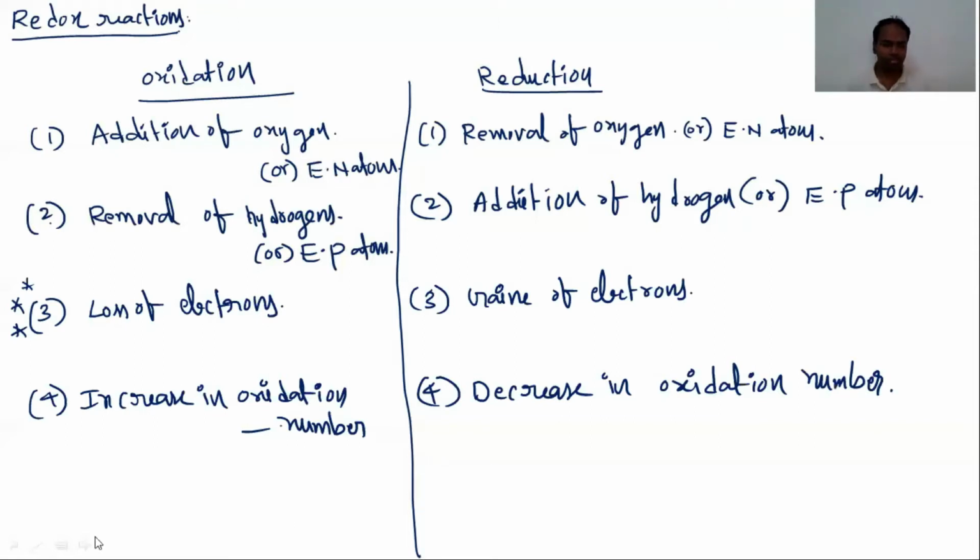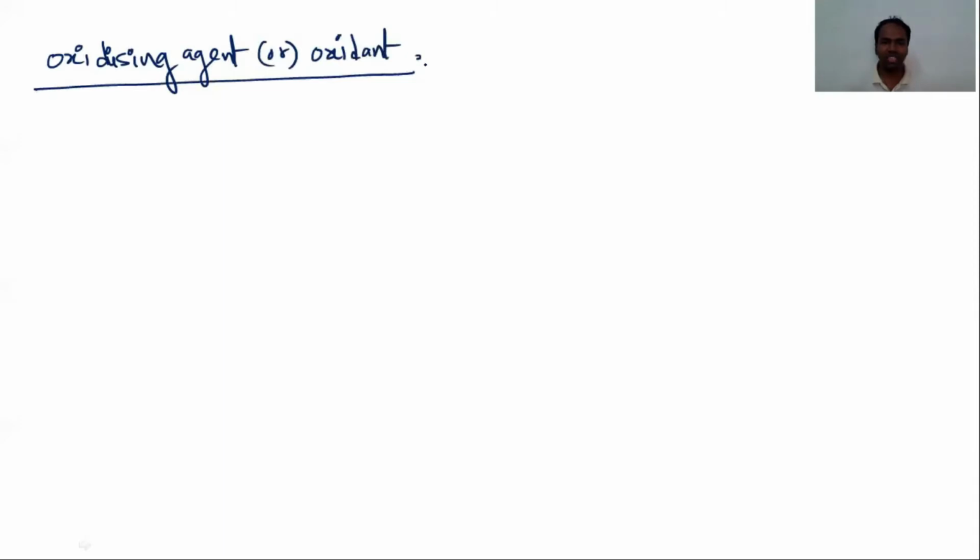See here, take one reaction. Before discussing this example, there are two terms: what is an oxidizing agent and a reducing agent? Oxidizing agent, the other name is oxidant. What is an oxidizing agent?